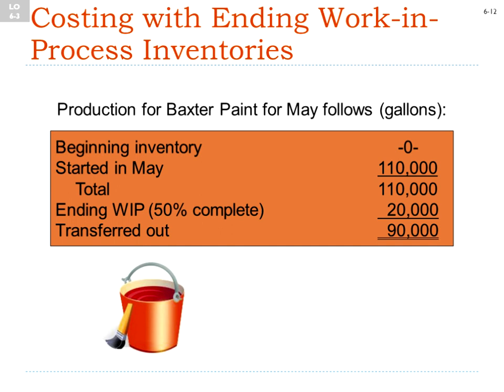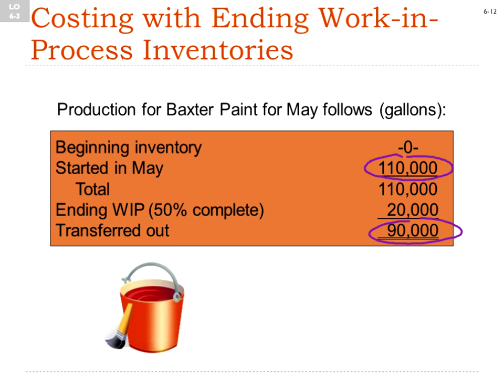But now they're going to make it a little bit more difficult for us. Now they say that we started 110,000 gallons of paint. So we started a few more than we did in April. Now, out of that 110,000 gallons, only 90,000 were complete gallons.